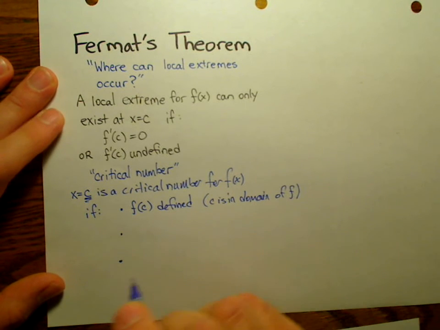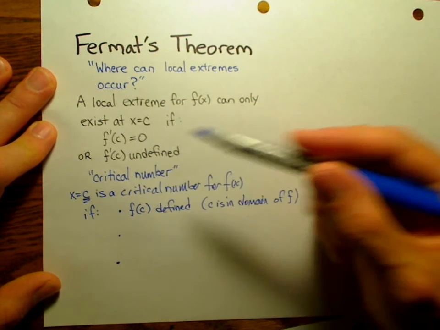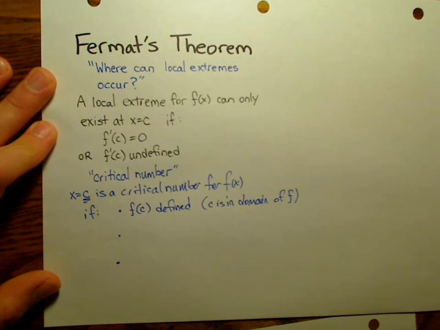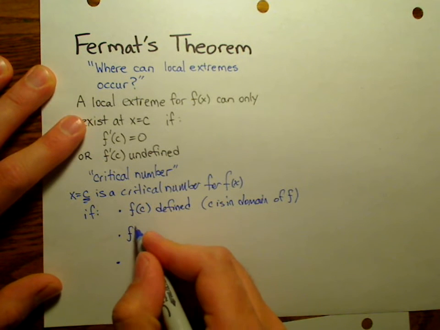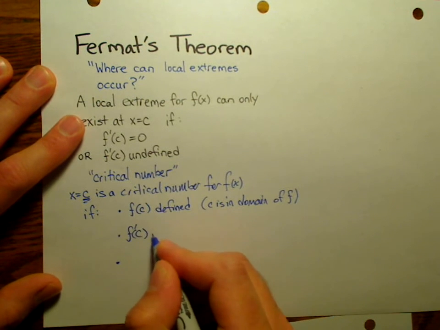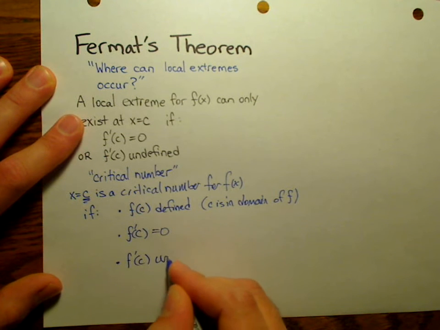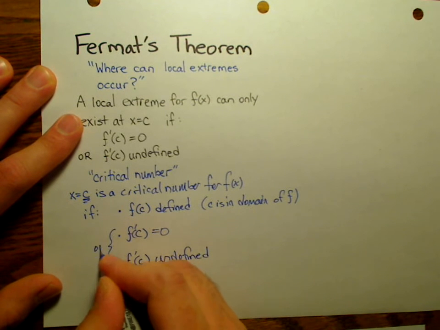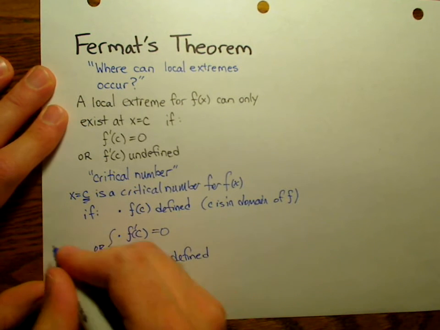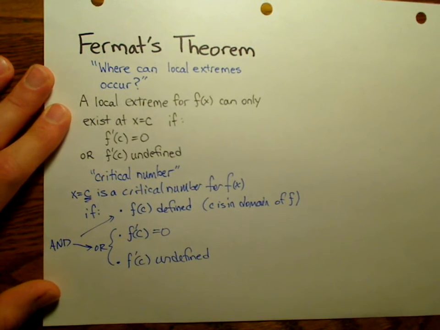That is a kind of technical condition, which doesn't show up in the derivative, but it is something you have to check independently. And then the other two are based on the derivative: f prime of c equals 0, or f prime of c is undefined, and this is an or. So you need c in the domain and one of those two.